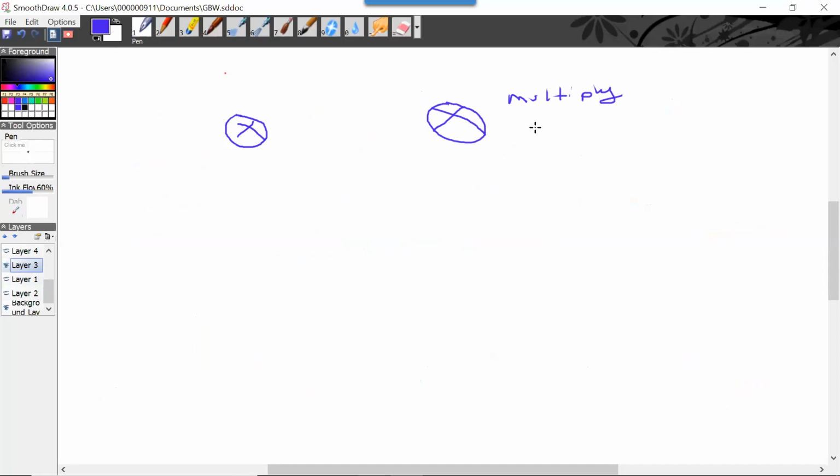Now the thing is there's all manner of ways to multiply. Even if it's not a perfect multiplier, it'll still work. But the specifics of that I'm not going to go into.